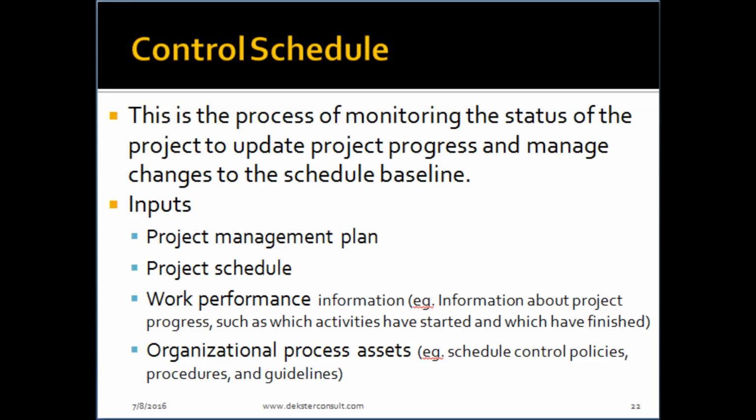Now our project schedule is what we want to control. Our work performance information, maybe information about project progress and so on. Then we could make use of organizational process assets. Schedule control policies, procedures, and guidelines are all examples of organizational process assets that could serve as inputs to the control schedule process.